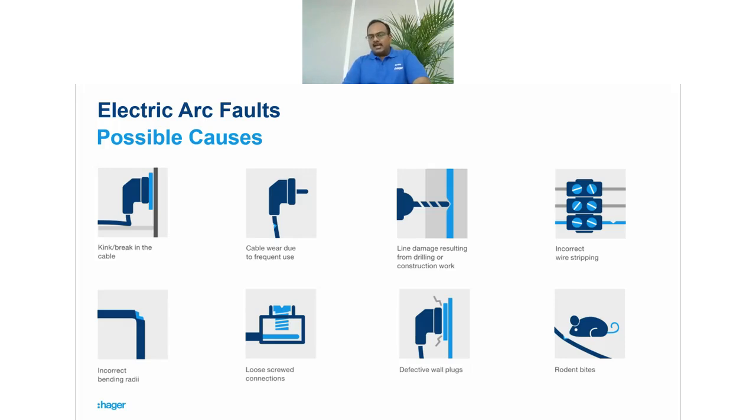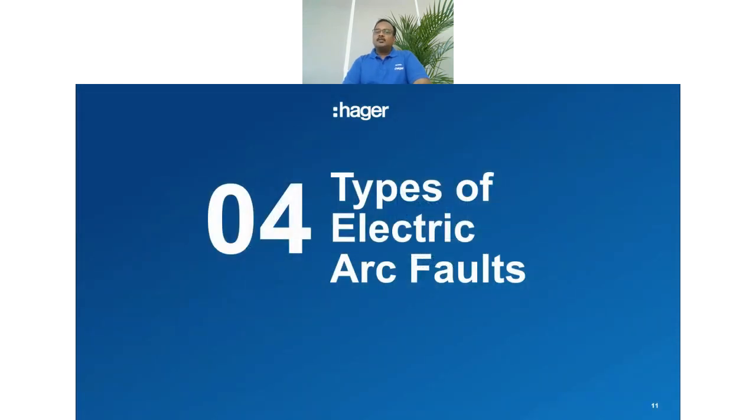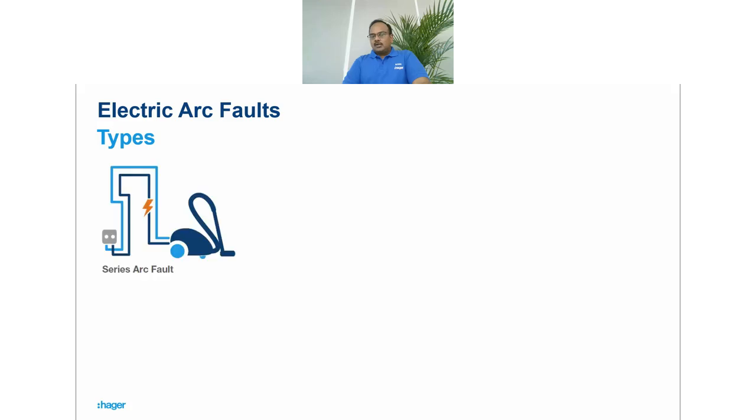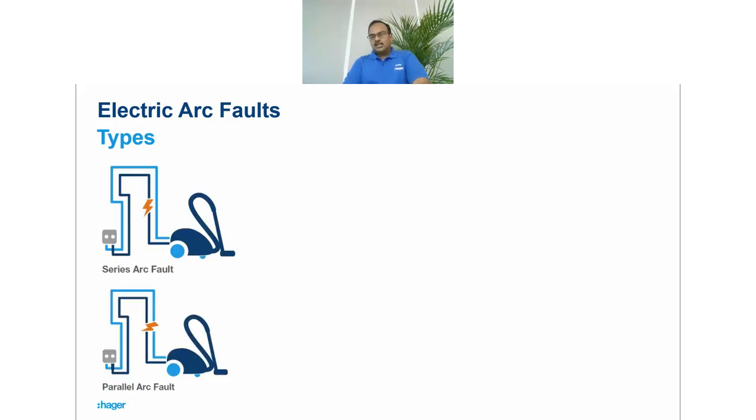So how do we then understand a little deeper into this topic? Let's understand what are the types of electric arc faults. There are two main types: series arc fault and parallel arc fault. In our electrical world, when there is a line and a neutral running, there can be a rupture within the line itself, and this can cause a series arc fault.